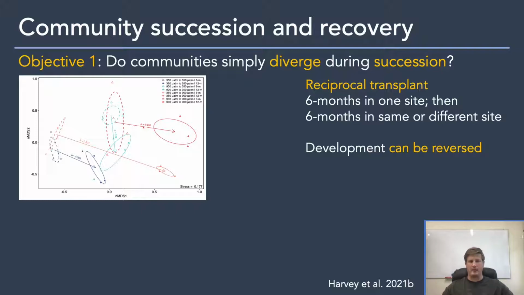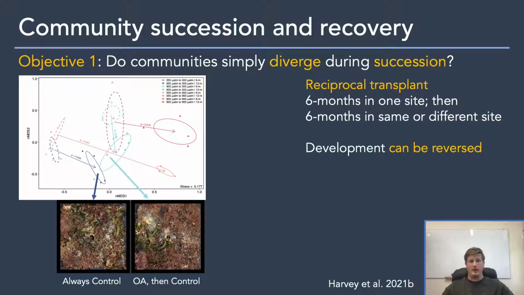In the figure, the circles and ovals indicated by dashed lines are the communities at 6 months, and the solid lines are the communities at 12 months. And so what we found was that when a community had always developed under the control conditions, or it had been under acidified conditions for 6 months and then control conditions for 6 months, they were actually highly similar.